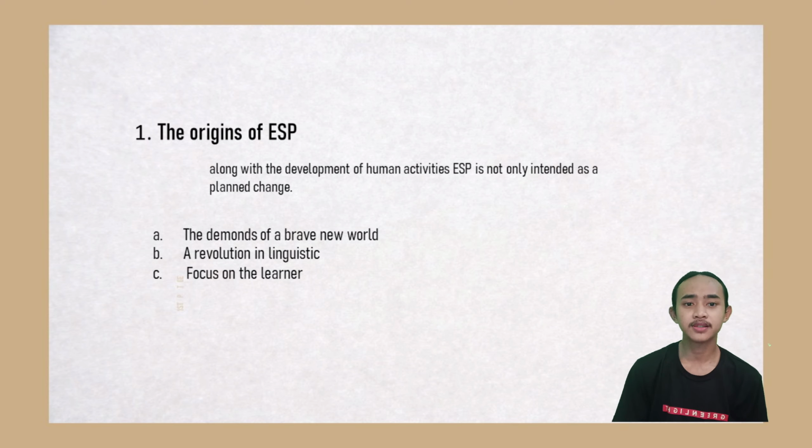The purpose of this linguistics is to be able to use good and correct English, namely the grammar. When we speak or write, the grammar is correct. C. Focus on the learner. That is, students have different needs and interests.